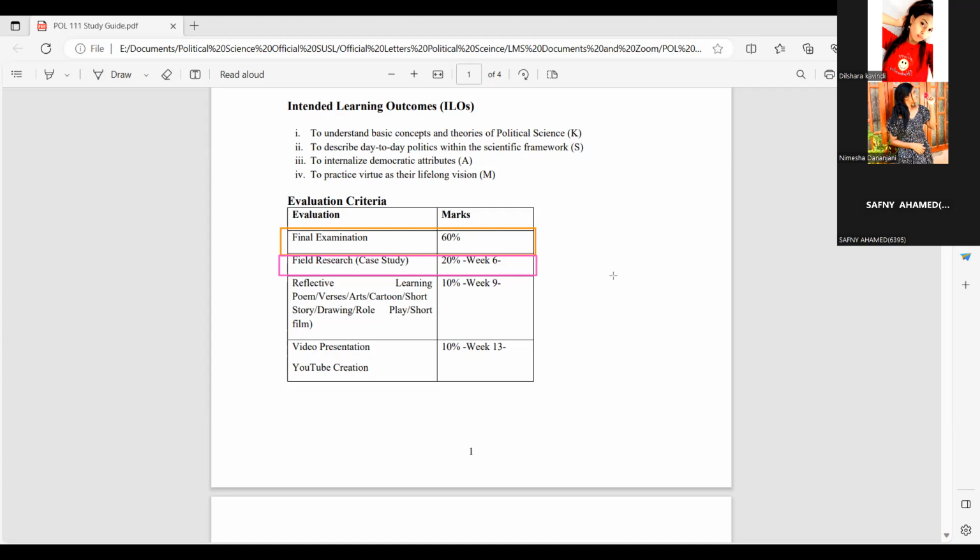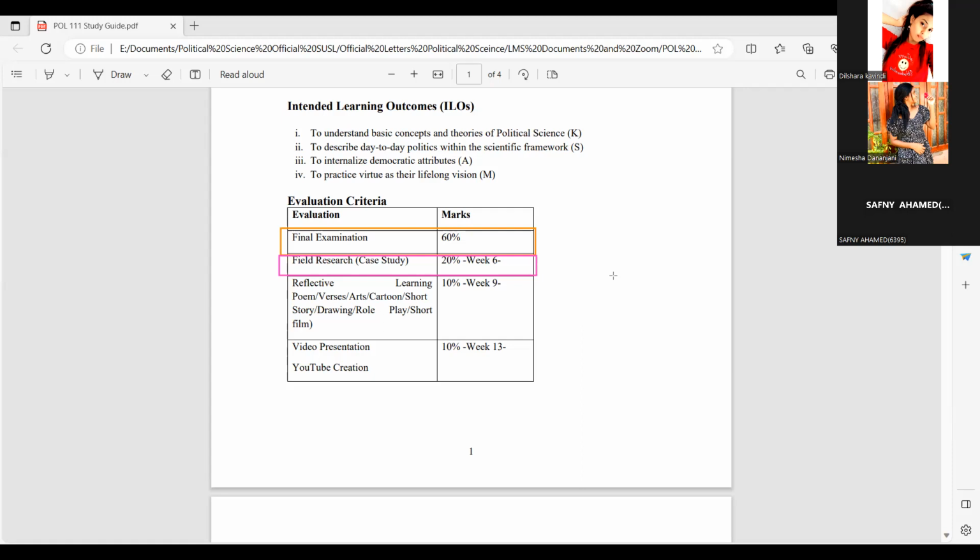After that, we can open up our eyes and our ears, and we can closely observe the environment and society we are living in, and come out with research findings.